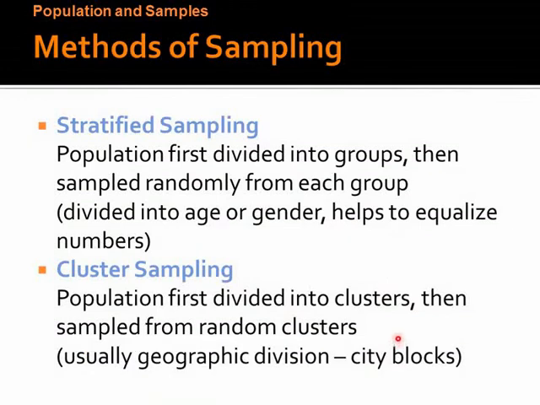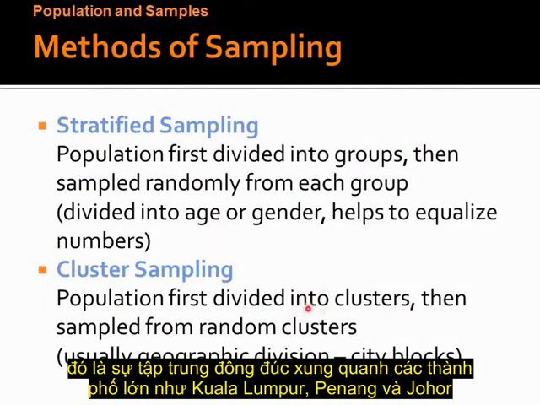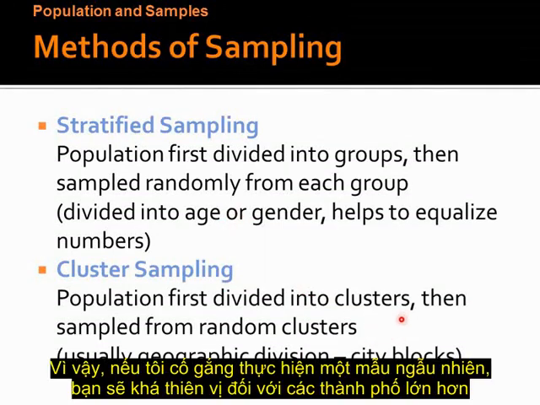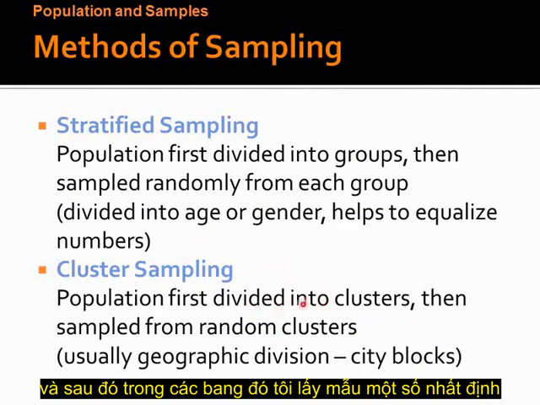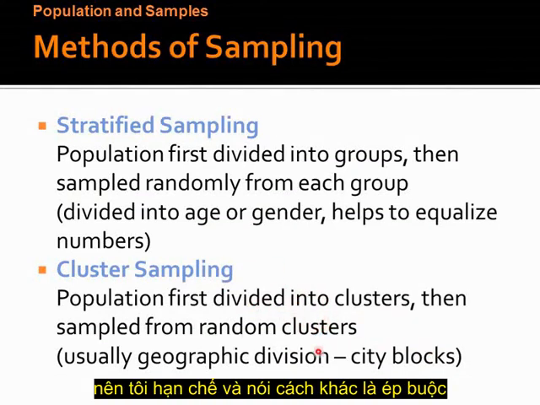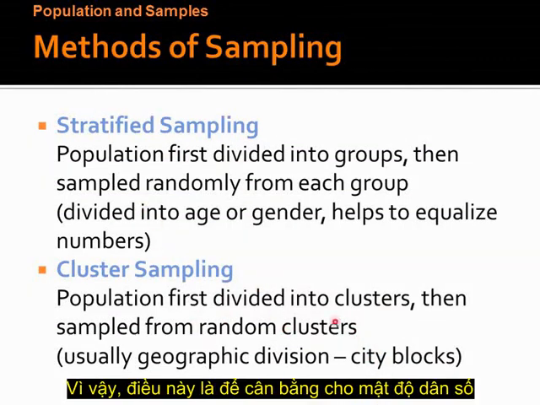There's a problem: there's a large concentration around the major cities, for example Kuala Lumpur, Penang, and Johor. So if I try to make a random sampling, it'll be quite biased towards the larger cities. So what I could do is first break them into states, and then within those states, sample a certain number. In other words, I force equality between the different locations. So this is to equalize for population density.